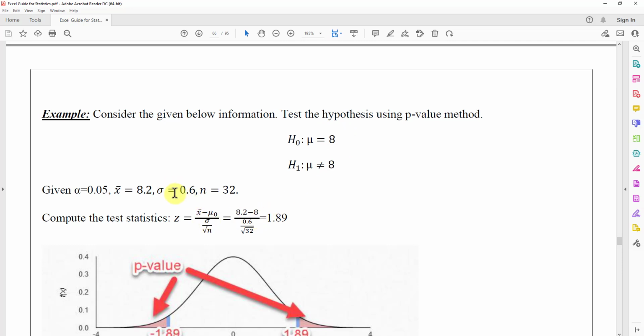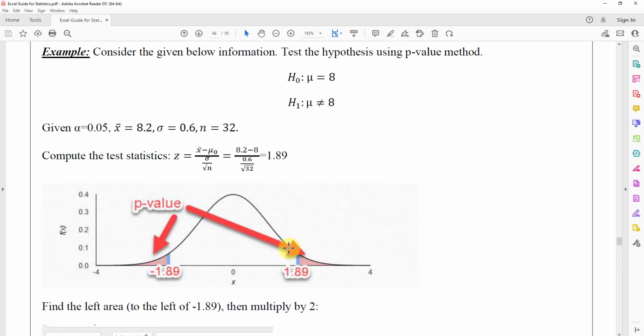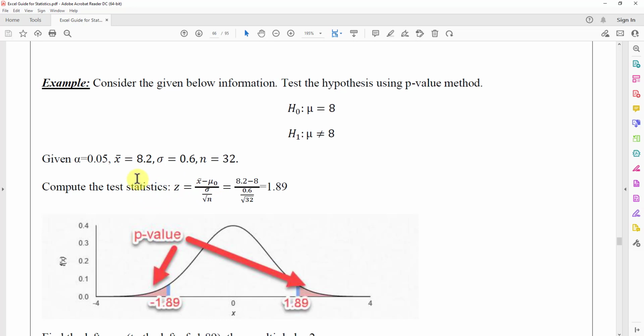Sigma is 0.6, and n is 32, the square root of that. It gives me 1.89. Now we look at the alternative hypothesis, and we see that this is a not equal notation, so this is a two-tailed case.